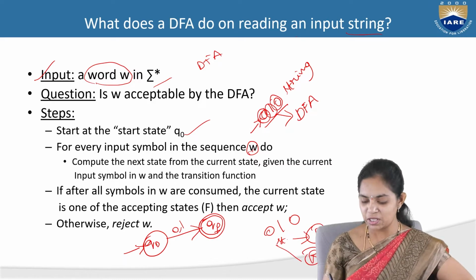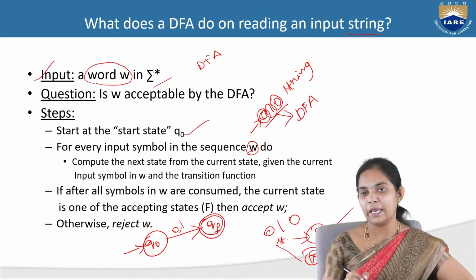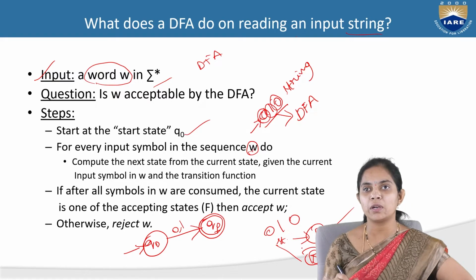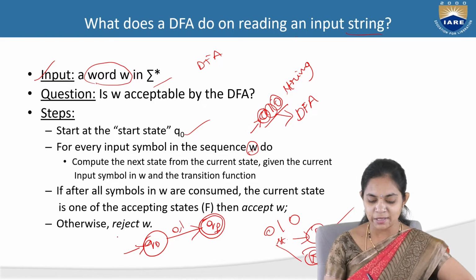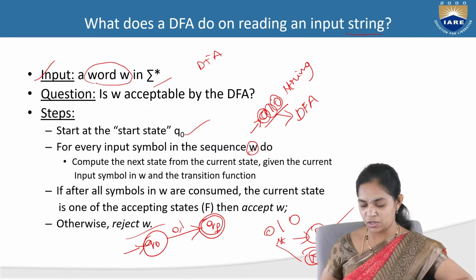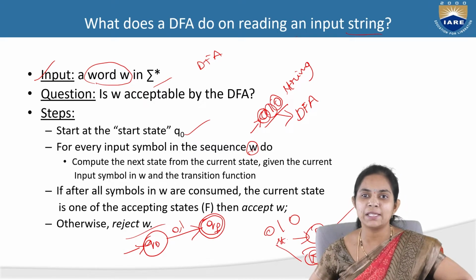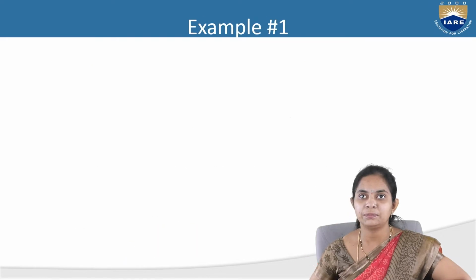If it reaches the final state, the string is accepted by the DFA, and if it reaches a rejecting state, it is not recognized by the DFA. Otherwise, reject W. These are the steps involved in DFA construction, and we'll see with an example how a DFA is constructed.